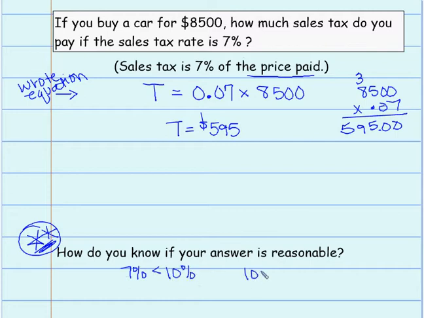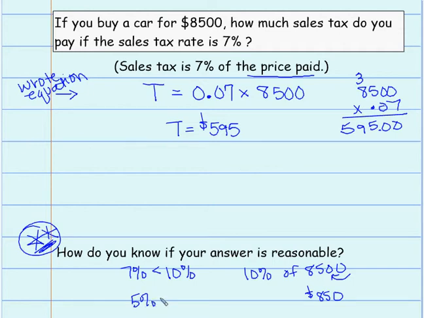And 10% of $8,500, I would just move the decimal place 1 over, and that would be $850. So, is 595 less than 850? Yeah.